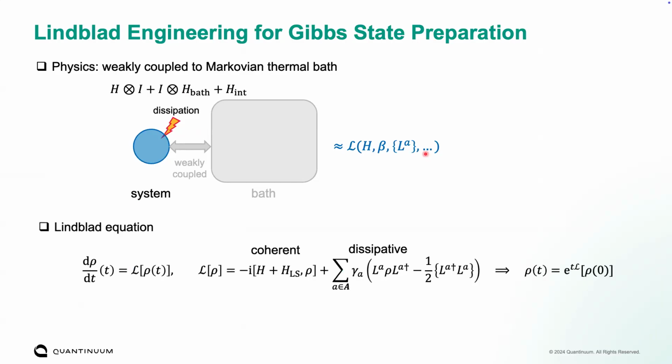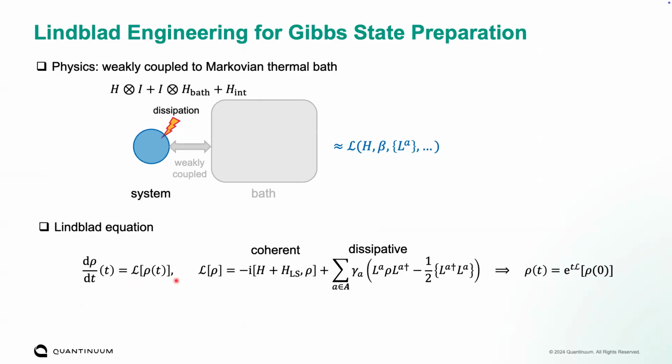Under certain assumptions, this is concisely written in the form of a Lindblad equation, which looks like a Schrödinger equation, but now you have a Lindbladian instead of a Hamiltonian. If you follow the derivation, you will get this kind of Lindbladian. There's the coherent evolution described by the Hamiltonian, and then there's a dissipator controlled by this jump operator, as well as the transition parameter gamma_A. So this gamma_A controls what kind of transition is allowed or not.